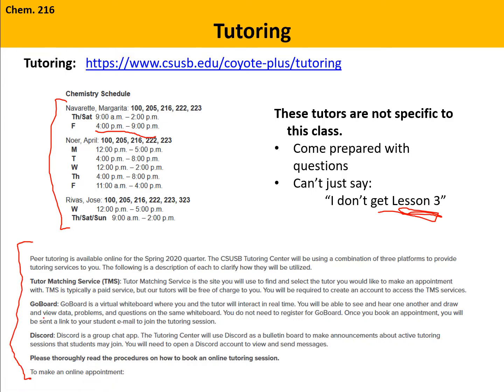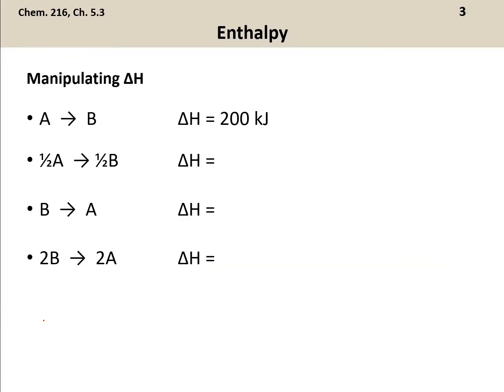All right, so the review questions were about manipulating delta H. So we're given a delta H at the top. A goes to B, and we're told delta H equals 200 kilojoules. Well, what happens if we have half as much? Half A going to half B, my delta H is going to be half as much, 100 kilojoules.